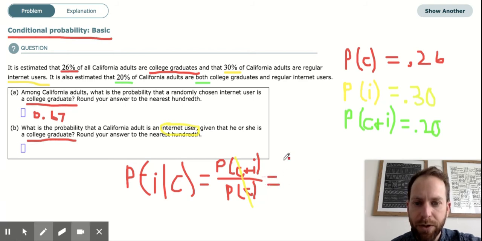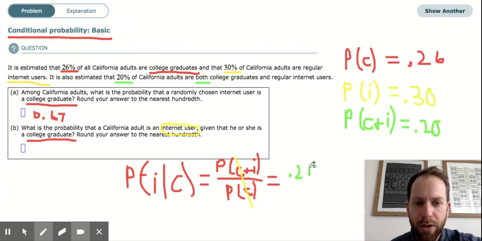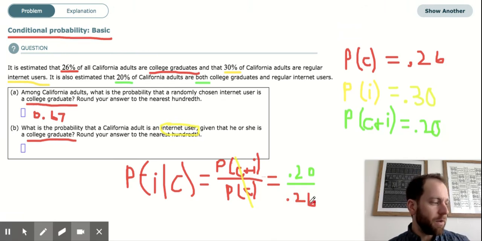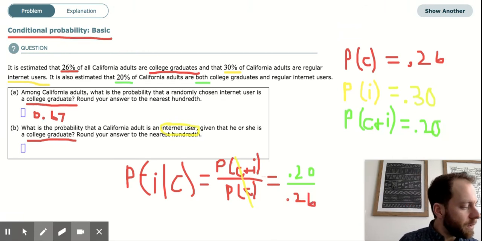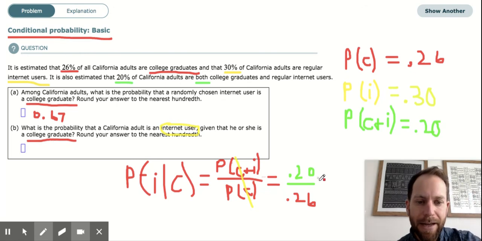So this is equal to, let's see, the probability of C and I is 0.20. So we have 0.20 divided by the probability of C, which is 0.26. If we do that on our calculator, 0.2 divided by 0.26, you get 0.769.